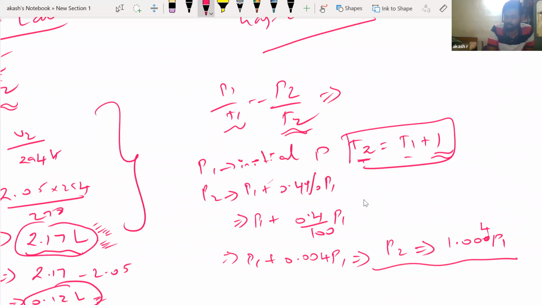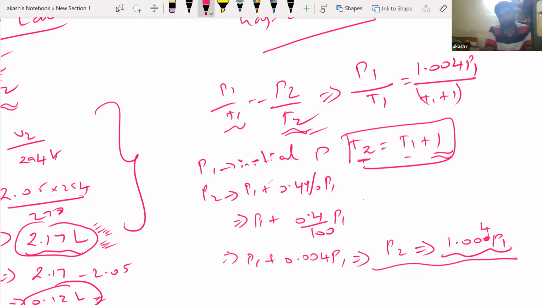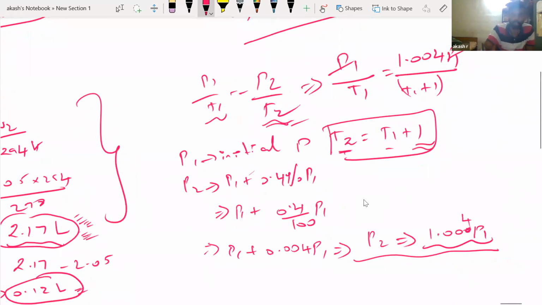Now substitute all the things which you know. P1, let us keep it as P1 only. T1, let us keep it as T1 only. Now T2 is 1.004 T1 divided by, now T2 I know is nothing but T1 plus 1. Done. So T1 gets cancelled.